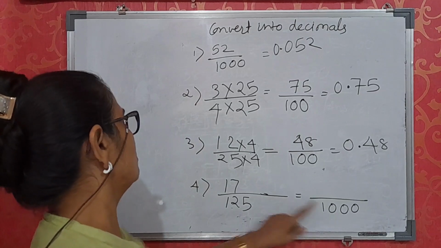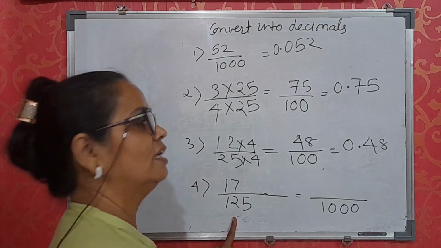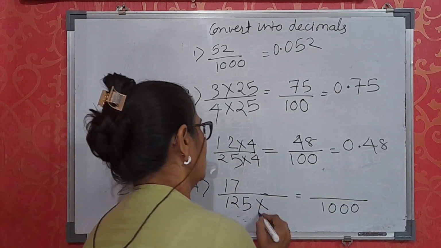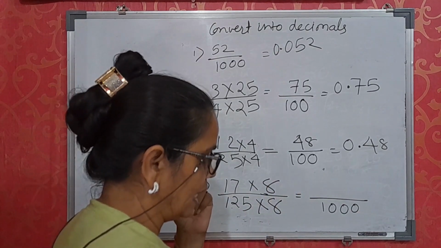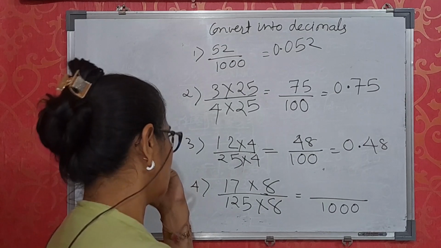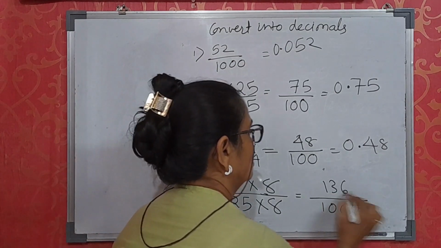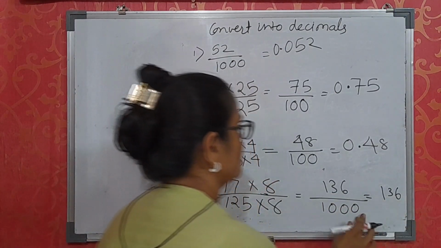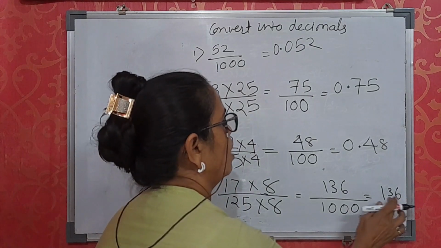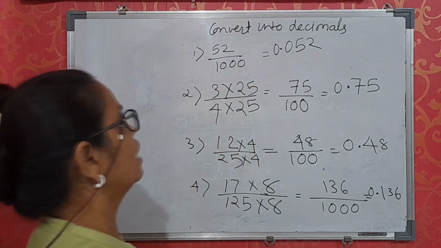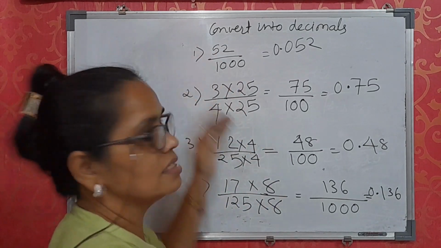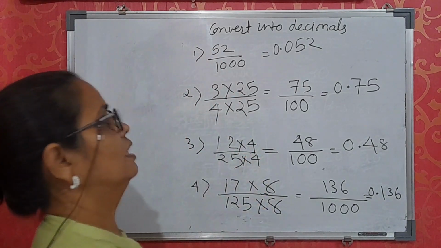When you divide 1000 by 125, you get a quotient of 8. So multiply by 8, multiply by 8: 17 eights are 136. So 0.136. This way you can directly convert your fraction into a decimal.